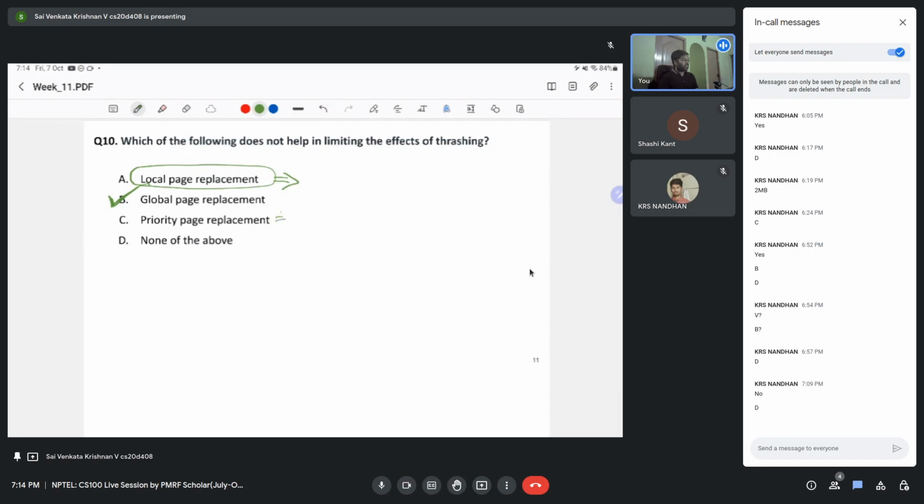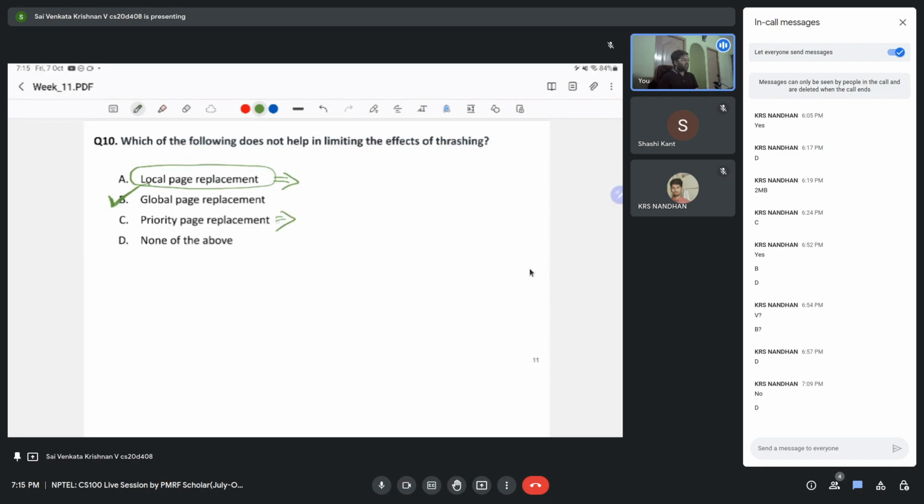Priority page replacement is like a global page replacement, but it will give more priority while swapping out pages, based on the priority assigned by the scheduler. Based on that, the victim page would be chosen among all the processes using this priority information.